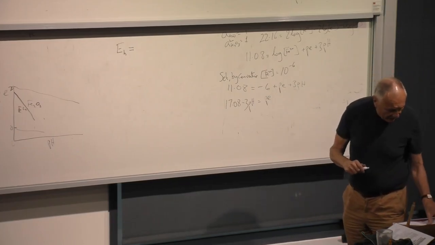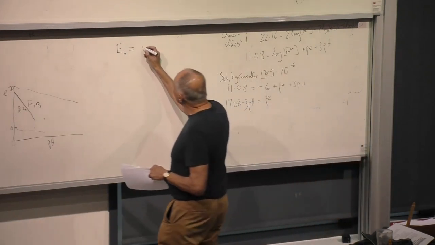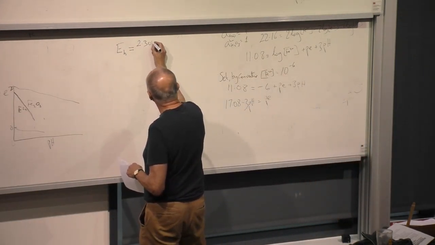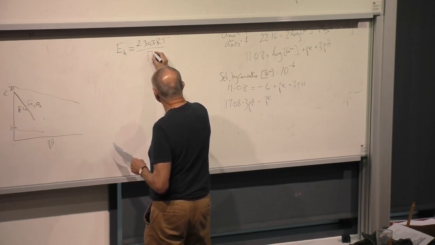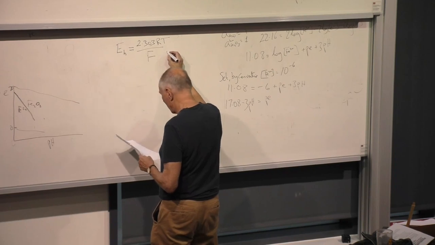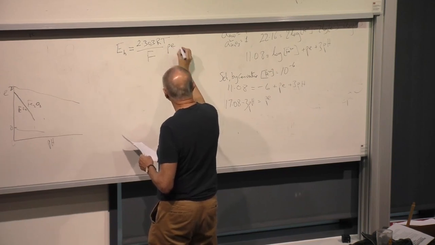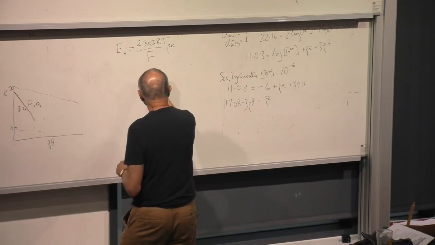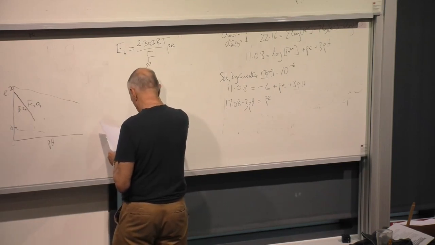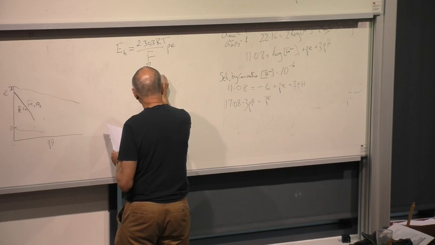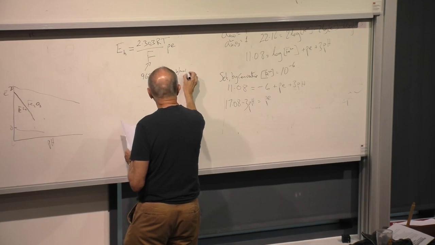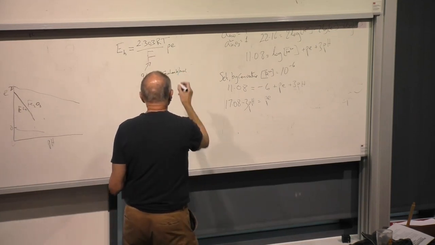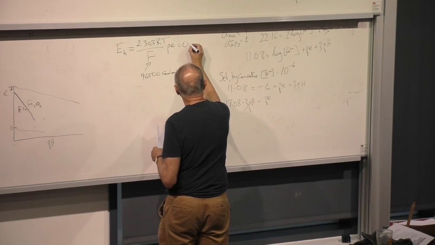Okay, Eh is 2.303 RT divided by Faraday's constant times pe. This is 96,500 coulombs per mole. And these have the usual meaning. So that's equal to 0.059 pe.